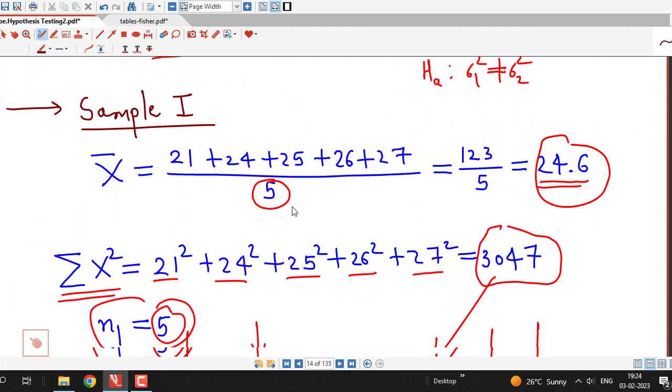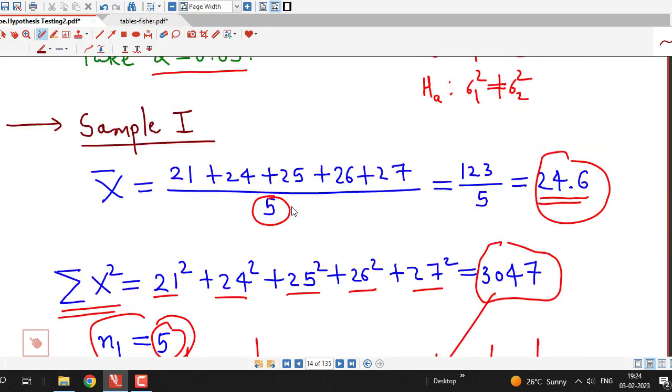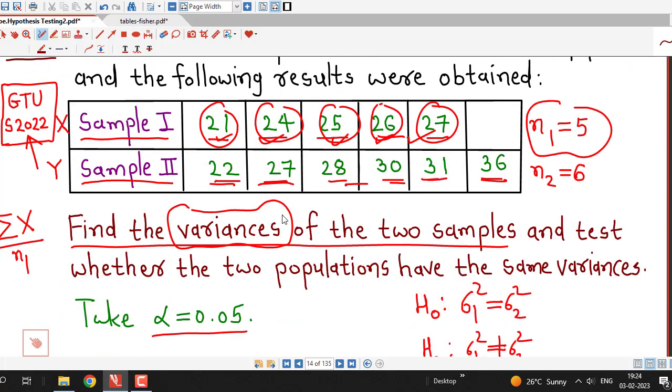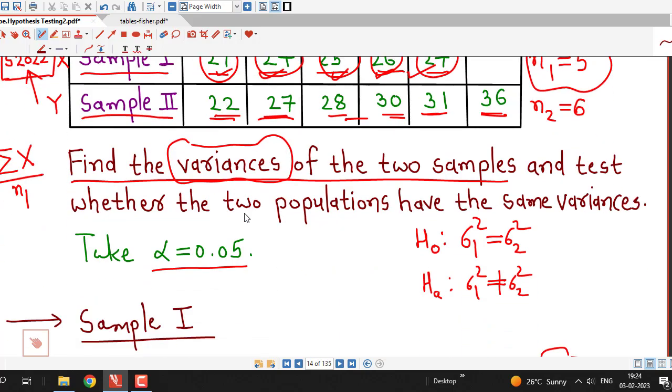So that work is more here as compared to the previous lecture, where we were given the sample variances. Sometimes the question is given in this form also. They write the observations of the samples taken from two populations, and using the sample data you first have to find the sample variances, and then you can apply the F ratio test.